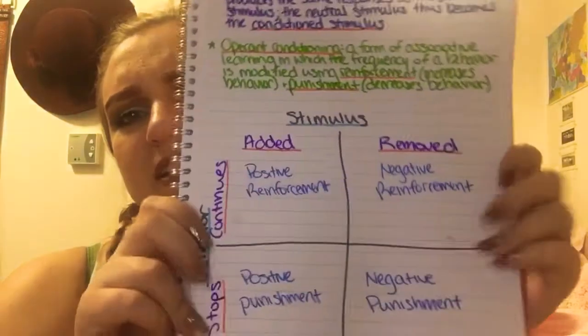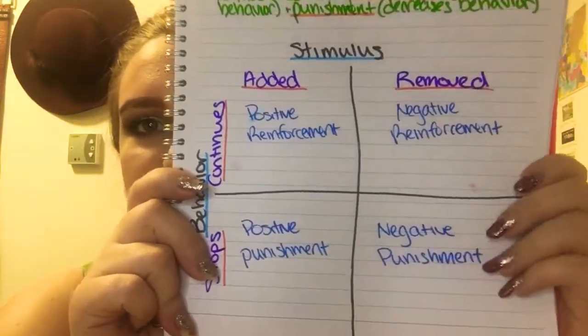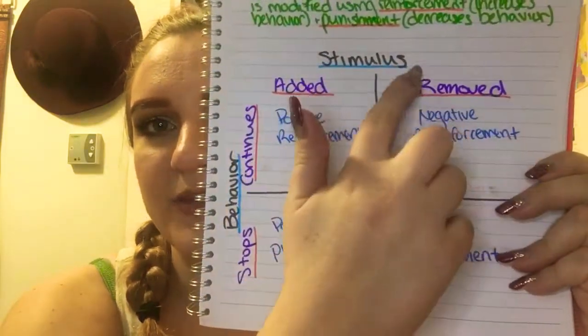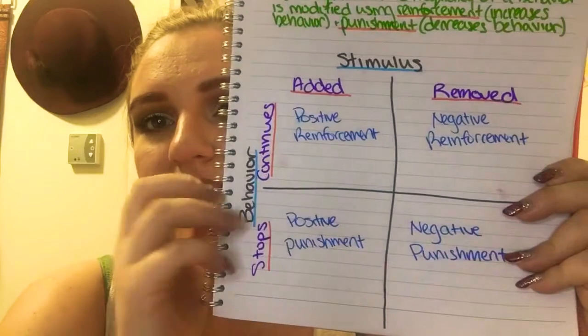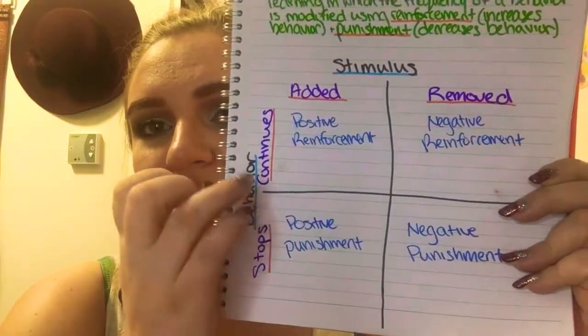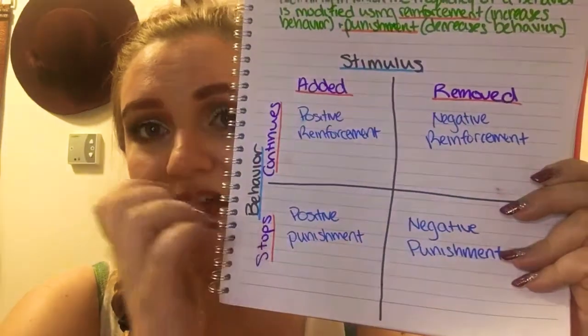And then we also have operant conditioning. But let's go ahead and talk about stimuli for a second. This chart here is pretty similar to the way it's presented in the Kaplan sheets. Up here we have the stimulus, whether the stimulus is added or removed, and then we have the behavior, whether it continues or stops.